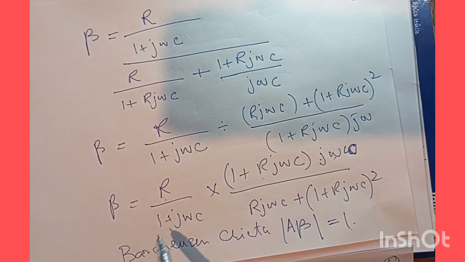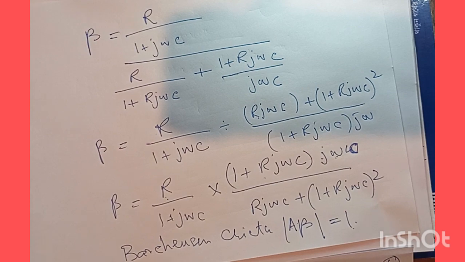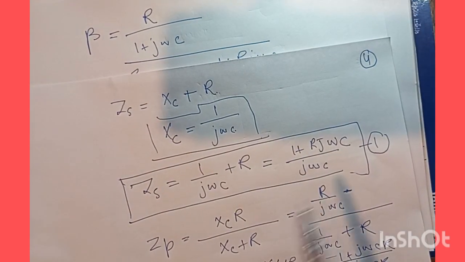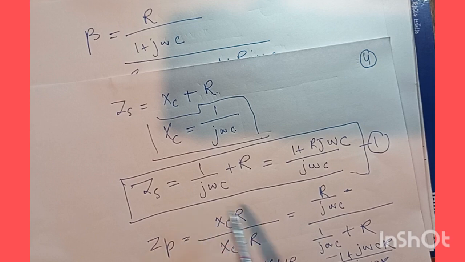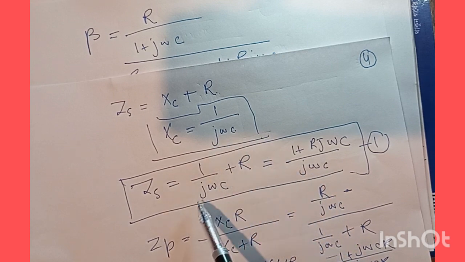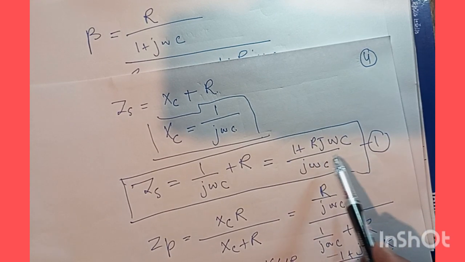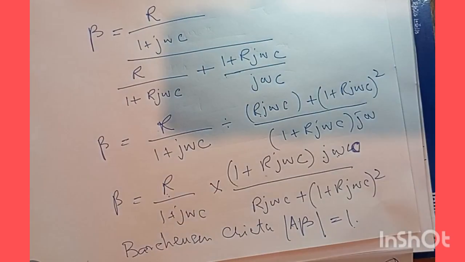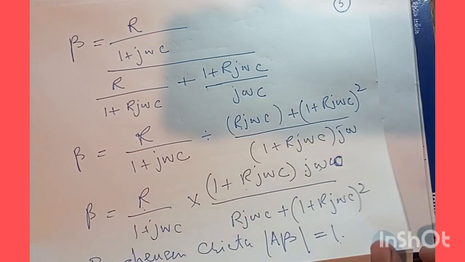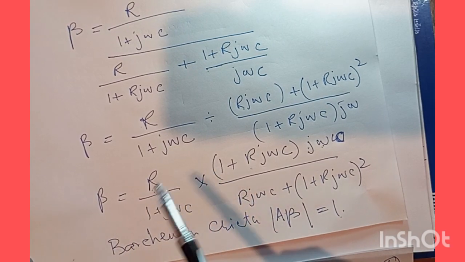So why is there something? How can I go back here? Now here it is J omega C. It has to be J omega C, and 1 plus R J omega C. 1 plus R. Okay.